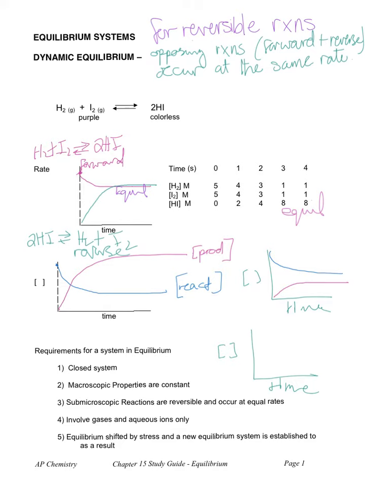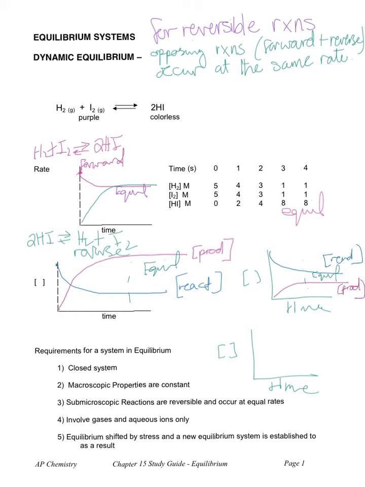So here, let me label those. There are your products. Here are your reactants. In this case, at equilibrium, this is your equilibrium. You have more reactants than products. In this case, you have more products than reactants.